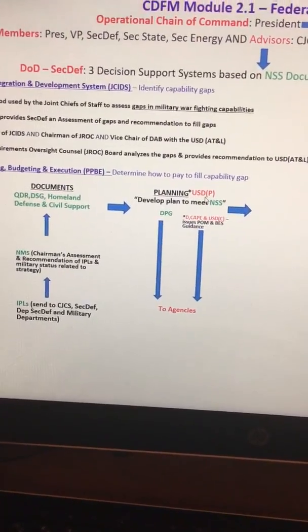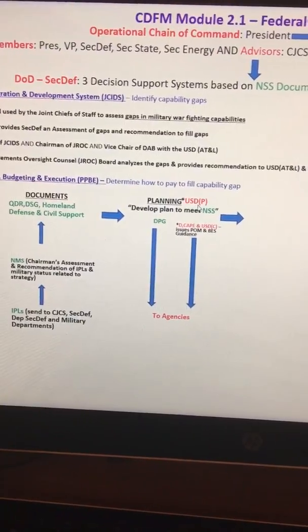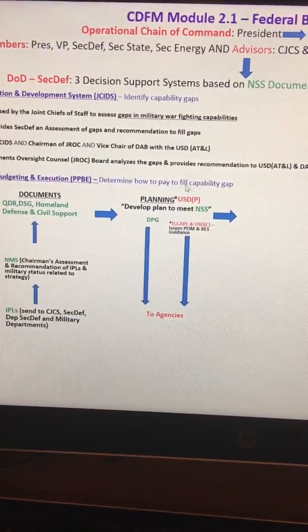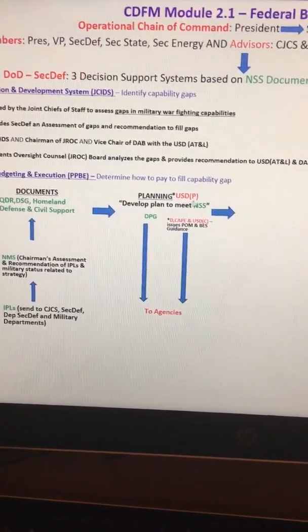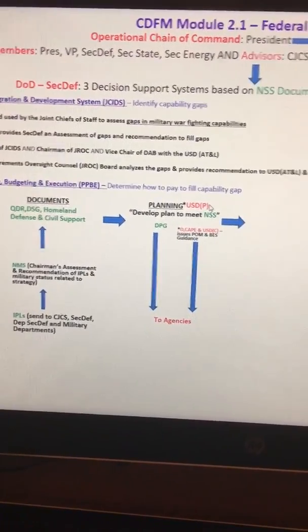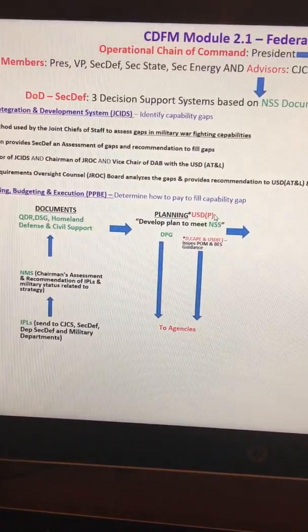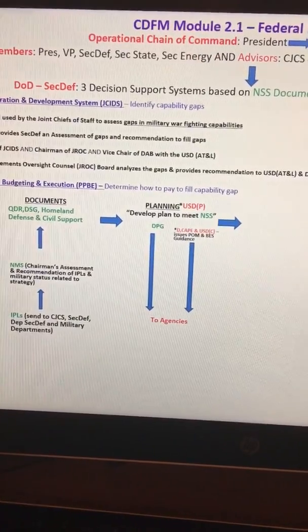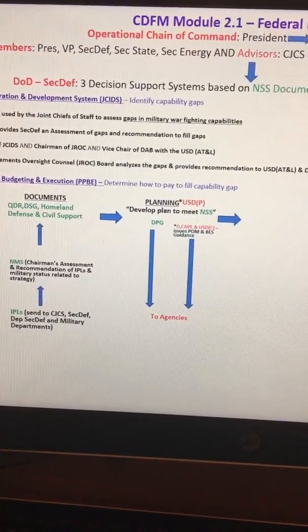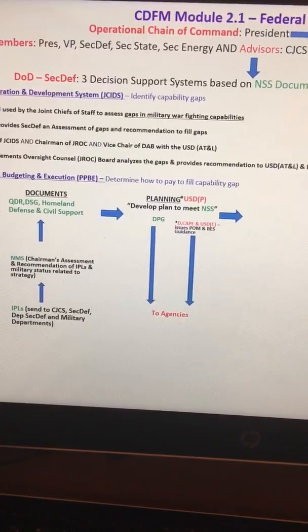The individual responsible for the planning phase at the DoD level is the USD for Policy. The Undersecretary of Defense for Policy is responsible for the planning phase of the PPBE process.